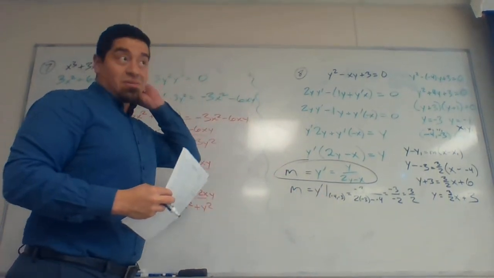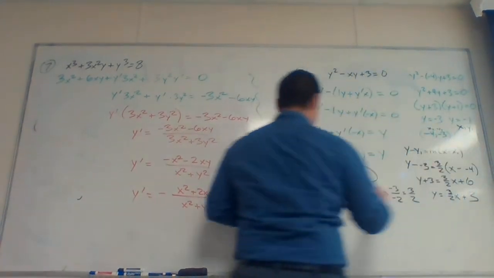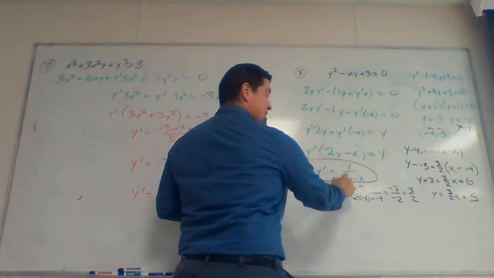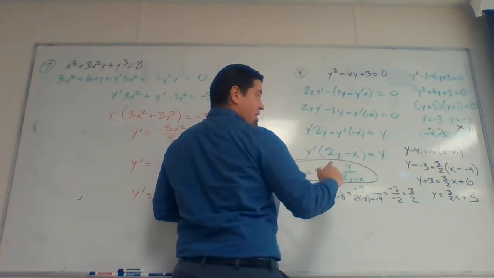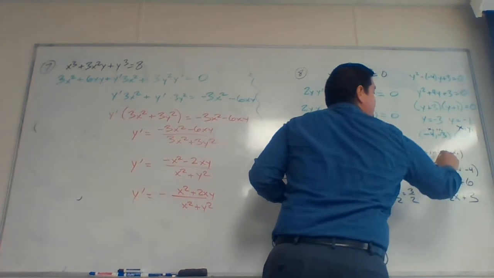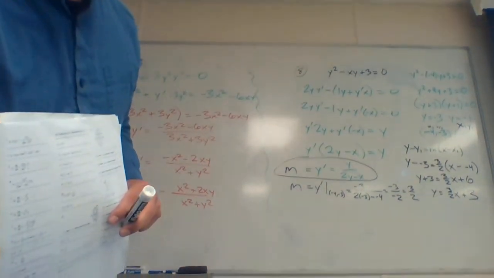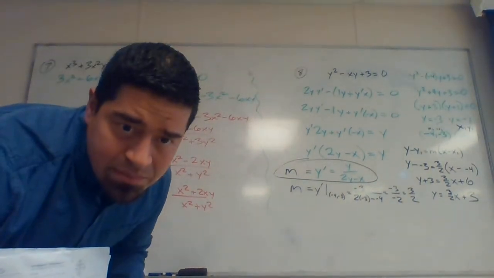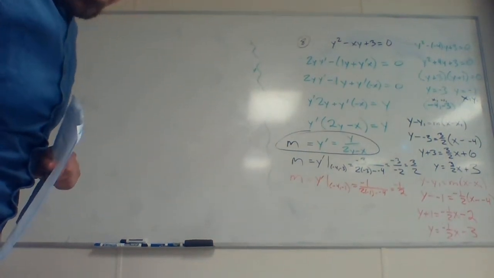So plug these values into your slope equation, using the appropriate y or x. Get the slope, and then plug in your x1 and your y1 in here. Okay, all right, try that. Okay, so that's how you would do 8 there.